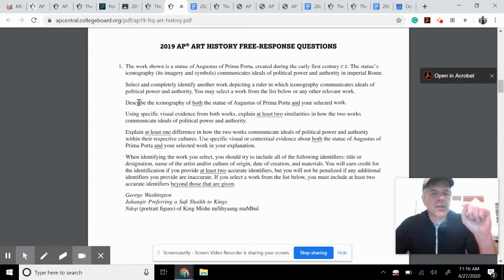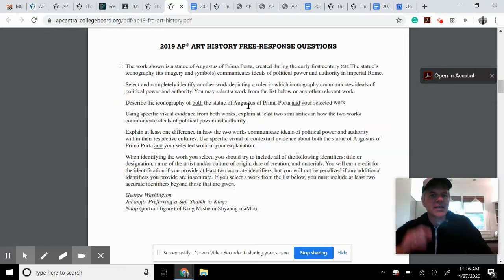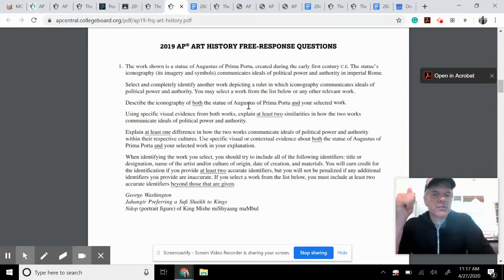Then it says, describe the iconography of both the statue of Augustus of Prima Porta and your selected work. How many task points would that be? How many things on a rubric would you be able to check off? That's right. Task point 2 would be, what's the iconography of the statue of Augustus of Prima Porta? Task point 3 would be, what's the iconography of your selected work?